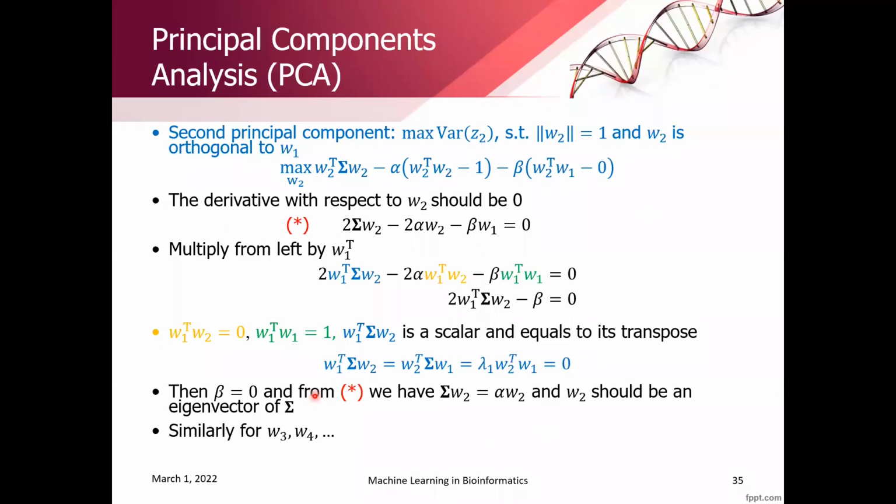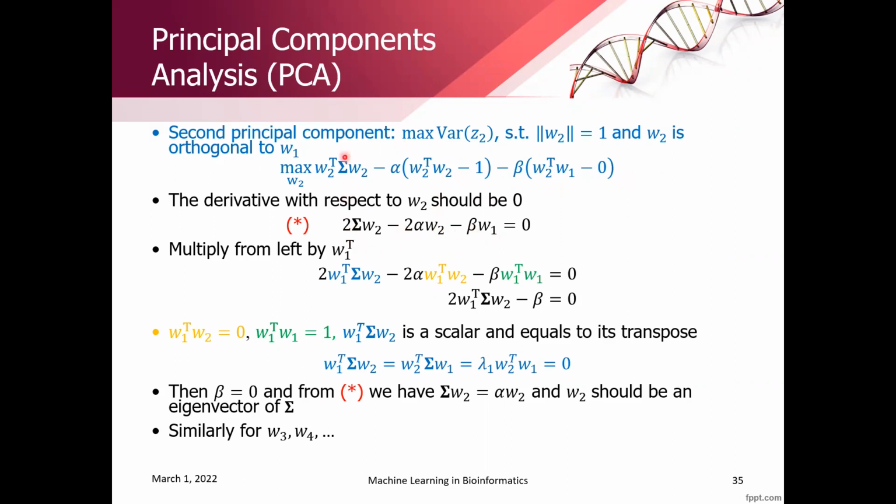We have already seen this one, and this is for the second principal component. So we would like to maximize this expression. Again, we compute the derivative with respect to all components of W sub 2. The derivative will be a little longer.